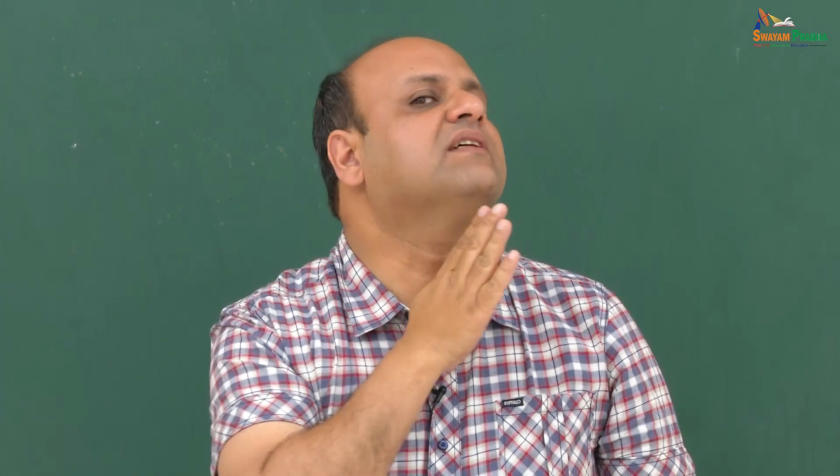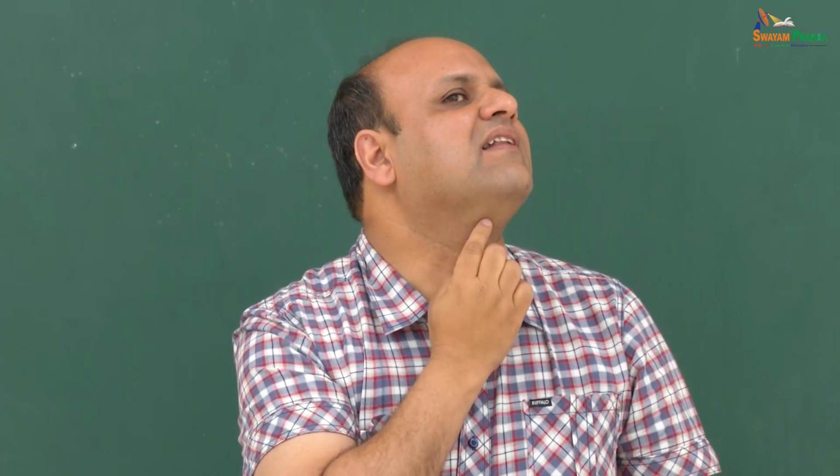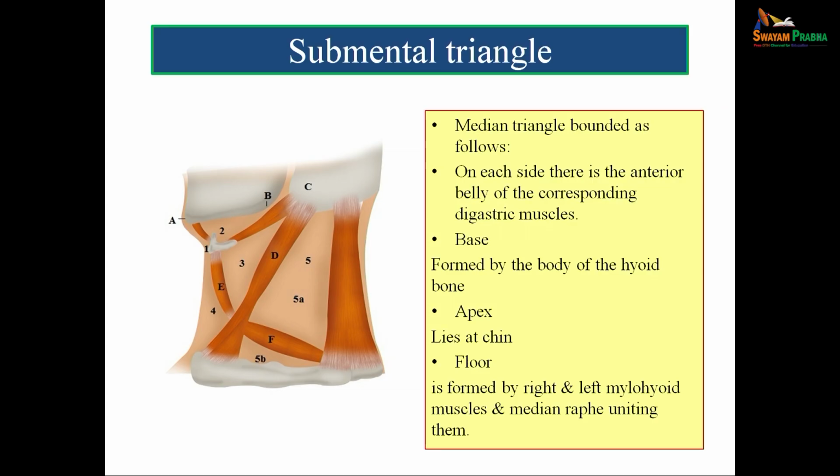If we see from the side, we see only half of the submental triangle. The submental triangle is a median triangle bounded on each side by the anterior belly of the corresponding digastric muscle. The base is formed by the body of hyoid bone, and the apex lies at the chin.